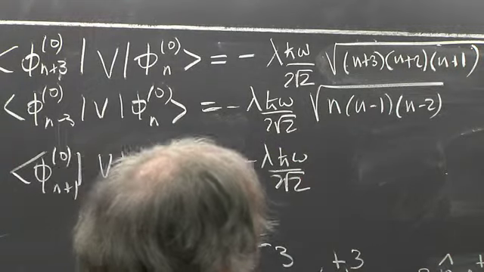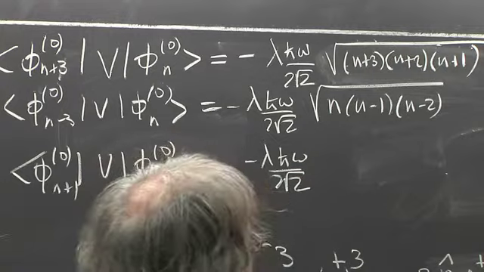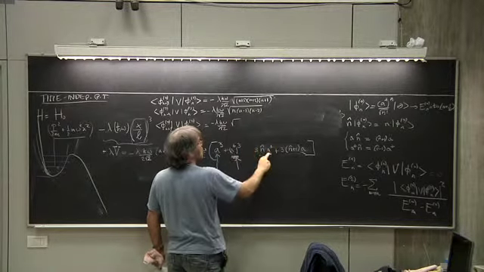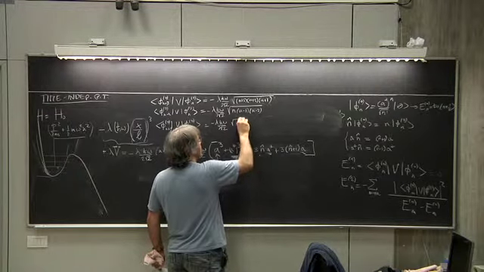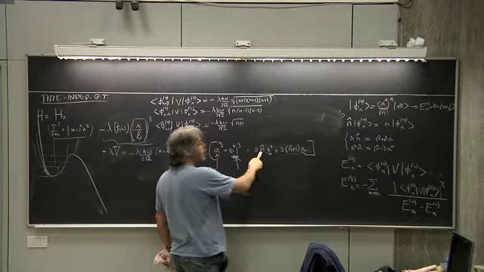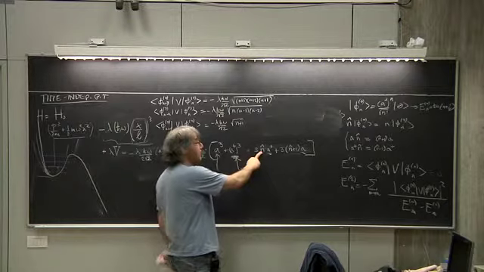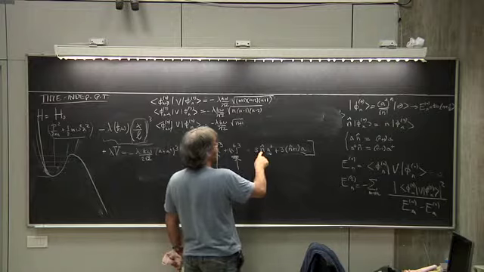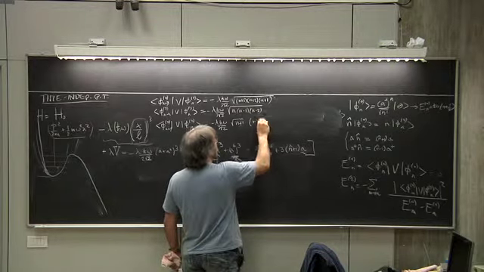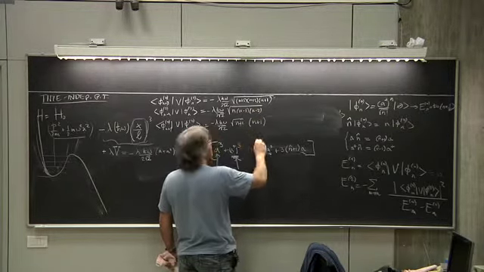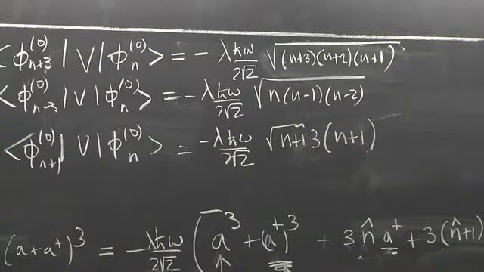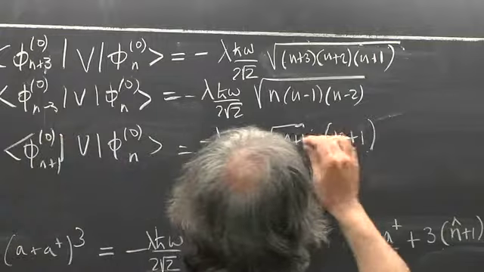Let's see if we are efficient now in calculating. If I create one, I get square root n plus 1. Very good. Then I measure a state that is n plus 1. Therefore, the result of this is n plus 1, not n. And then I have a factor 3 because of this. Okay? So this is the result. Minus 3.